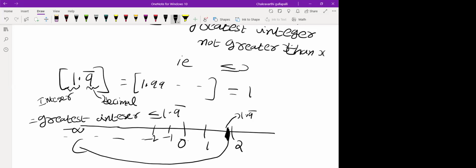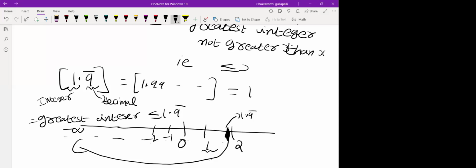These are all the integers less than this. Among them, the greatest is 1. Therefore, the greatest integer less than or equal to 1.9 bar is 1. So what is box 1.9 bar? 1.